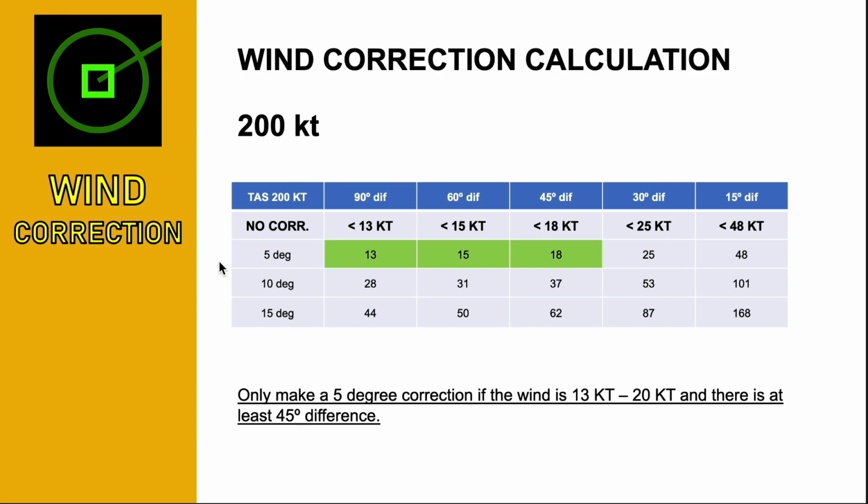So for example, if the plane is flying 090 and the wind is blowing from 045, in this case you will need to compensate the course that you're giving. For example, you would need to give 085 instead of 090 in order to compensate the wind factor.